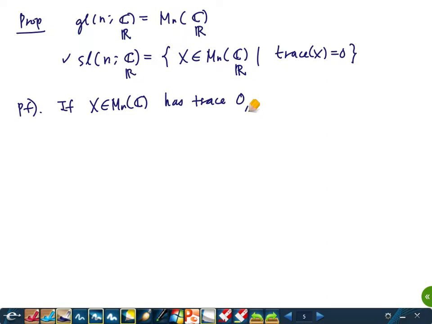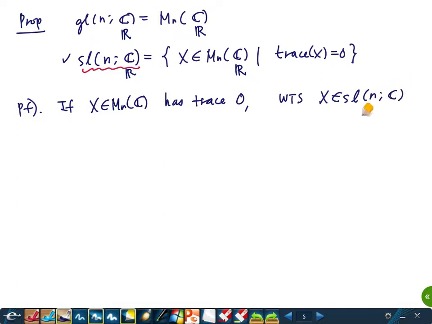We want to know that it is in this set, right? But what is this? This is the Lie algebra of the special linear group. So to check, we want to show that X is in sl(n, C).